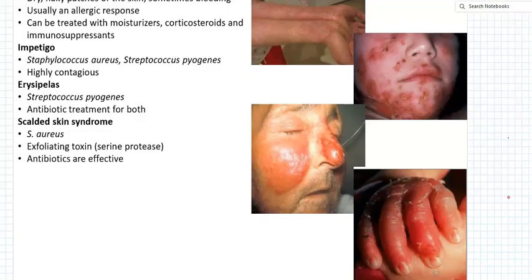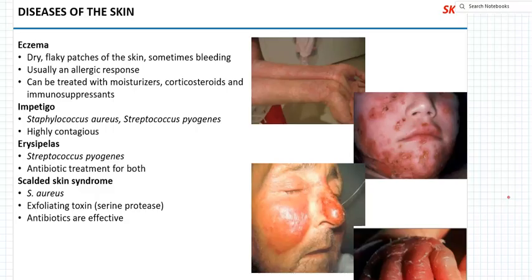Okay, now let's chat about the various skin pathologies. This is not going to be complicated. So this is eczema, right? Eczema can be of two origins. Two main reasons.